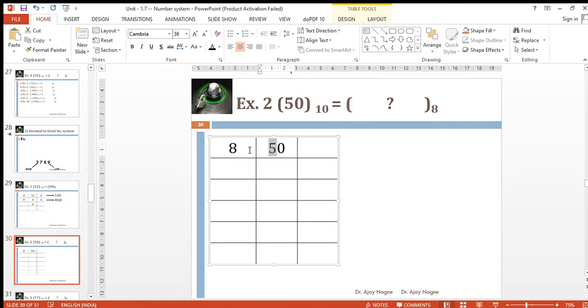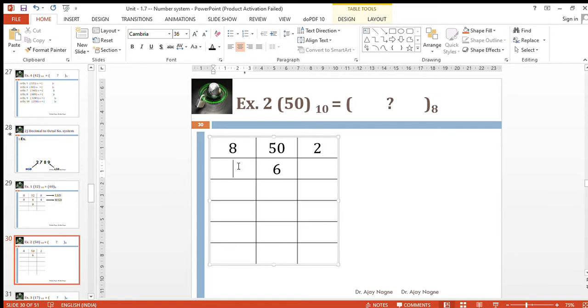So 50 mod 8 is equal to what? Tell me quickly. 8 sevens are 56, so that is not possible, right, 48. So 8 sixes are 48. So here will be 6 and here remainder will be 2.